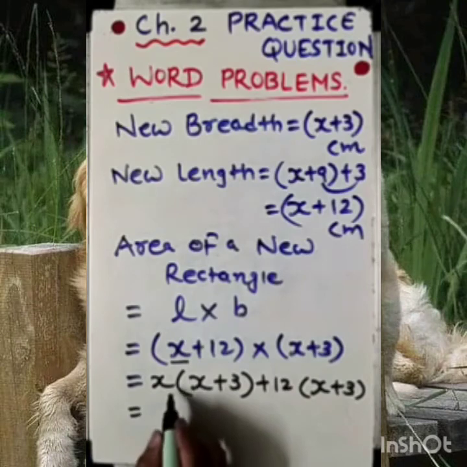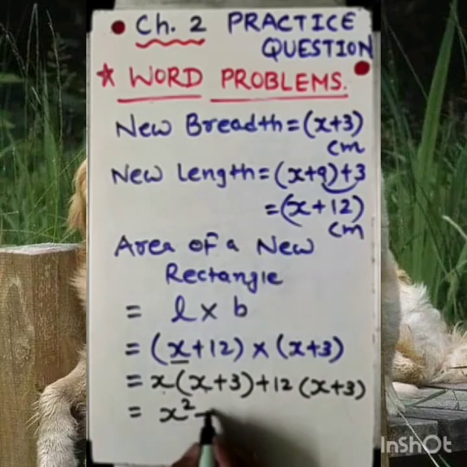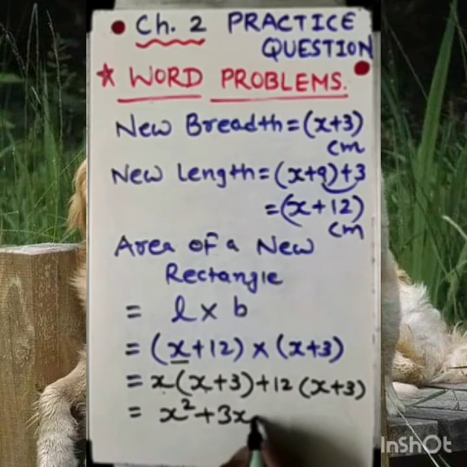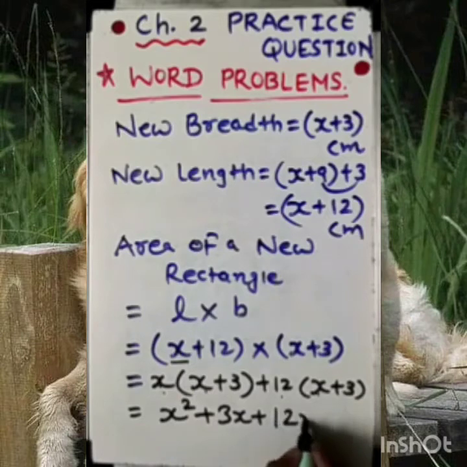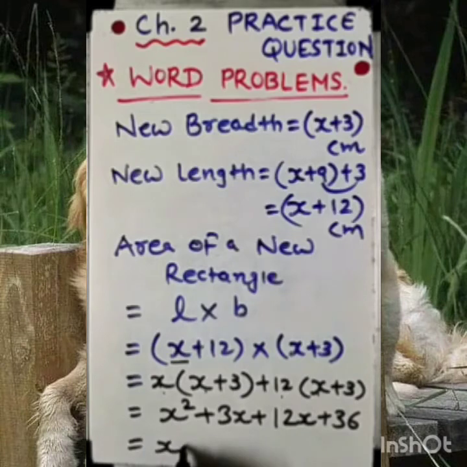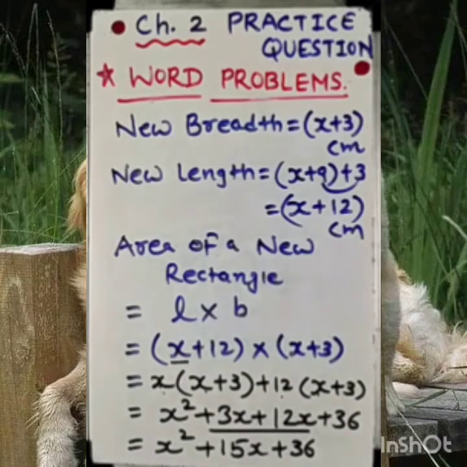So x into x is x square, 3 into x is 3x, 12 into x is 12x, and 12 times 3 is 36. So 3x plus 12x is 15x. Finally, the product of the length and breadth is x square plus 15x plus 36. Let's say this is result number 2.